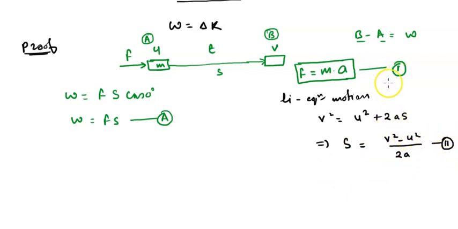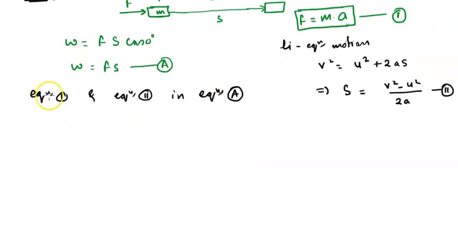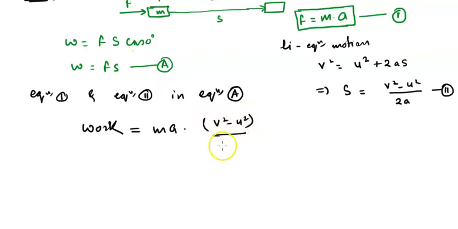Now I'm going to put equation 1 and equation 2 in equation A. After putting these values, we can write work will be force, the value is ma, times s, which we can write as (v square minus u square) upon 2a, and we can cancel the a.